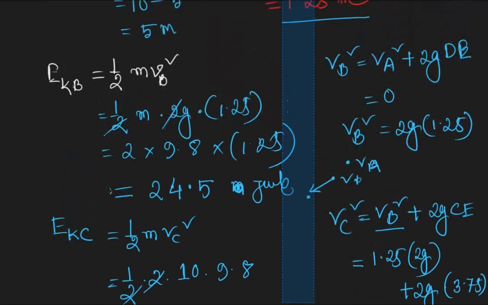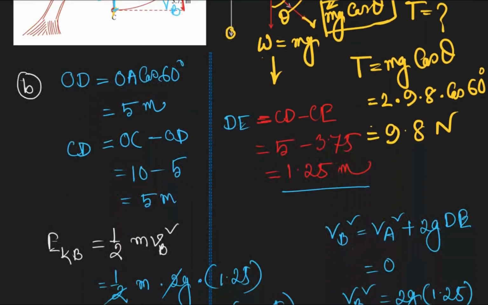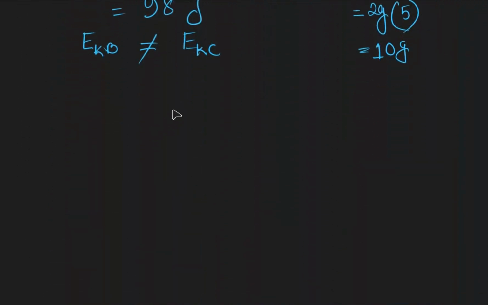Traveling from A to B, B is about 25 joule and C is about 100 joule. So of course at point C we can observe the maximum amount of kinetic energy. We can write EKC is greater than EKB. So this is the final answer for this problem.